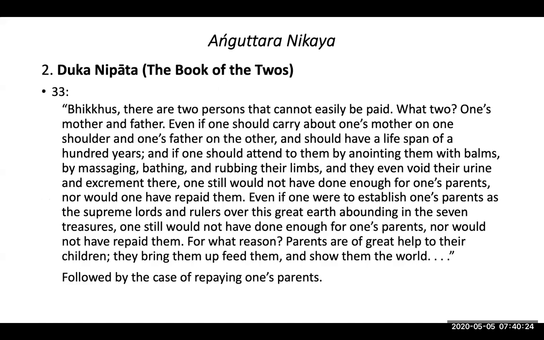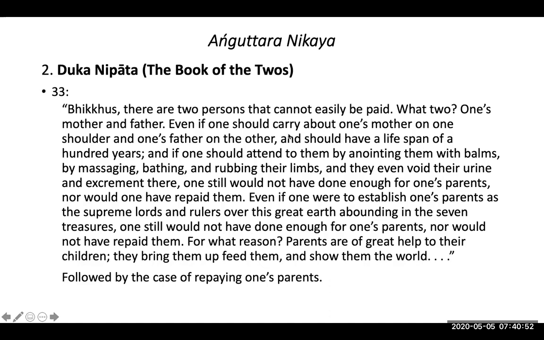Okay, let's move to the Book of the Twos. Sutra Code 33. Buddha preaches like this: Monks, there are two persons who cannot easily be repaid. Who are the two? One's mother and father.